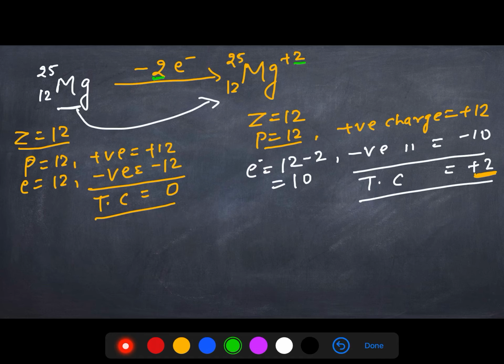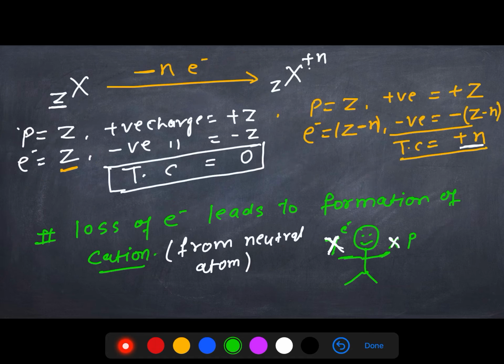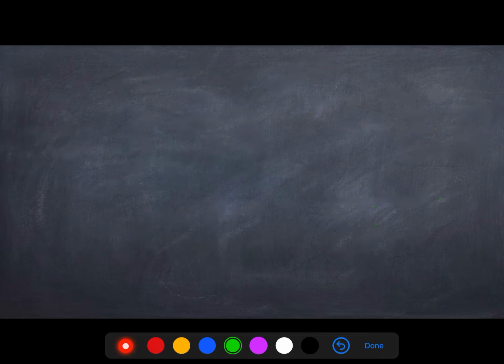Can you just establish a connection between the number of electrons lost and the charge developed? Yes, we are able to. When sodium lost one electron, the charge developed was plus 1. When magnesium lost two electrons, the charge developed is plus 2. And when X lost n number of electrons, the same magnitude of charge was developed over here.